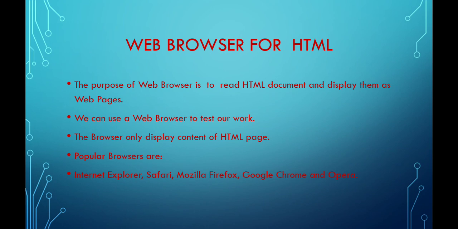When you have written and completed your HTML program, you can run that program in your web browser to check whether your program is right or wrong, to debug your program. The browser only displays the content of the HTML page. Means tags and other things will not be shown. Only the content of your page will be shown on your web page.